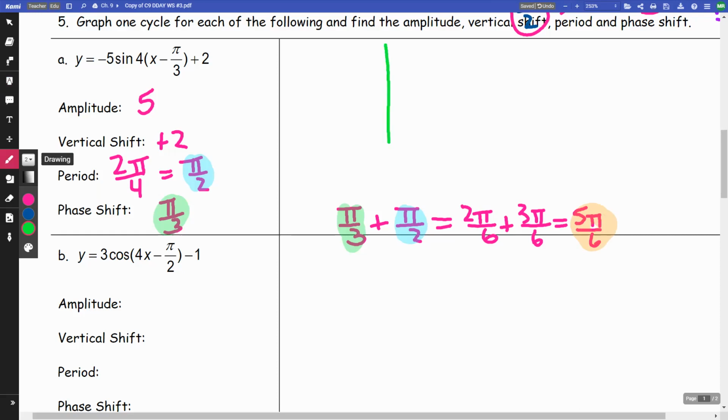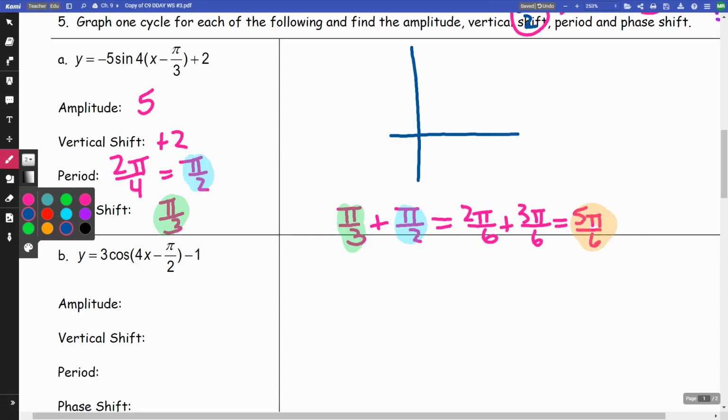So for my graph, I'm going to be up at 2. I'm going to go 5 above that, which is going to put me up at 7. I'm going to go 5 below that, which is going to put me at -3.